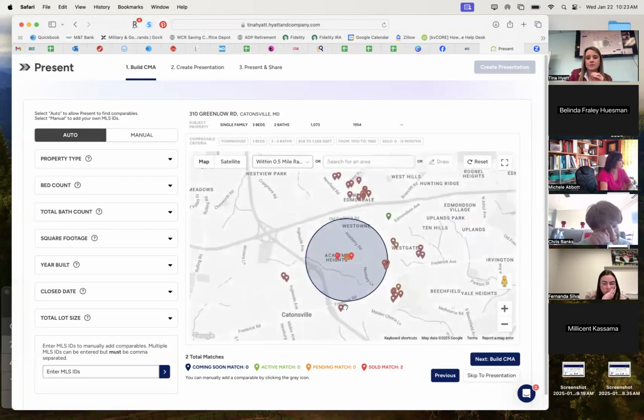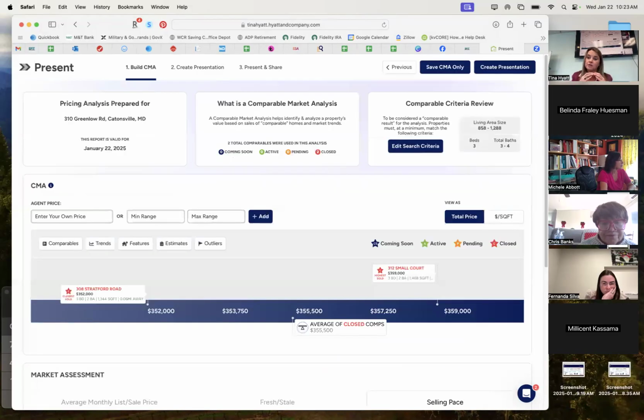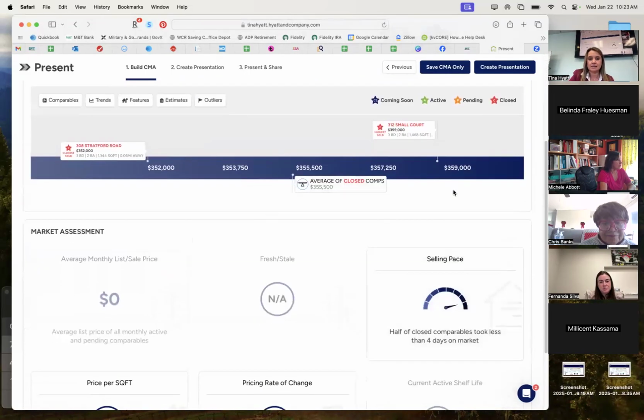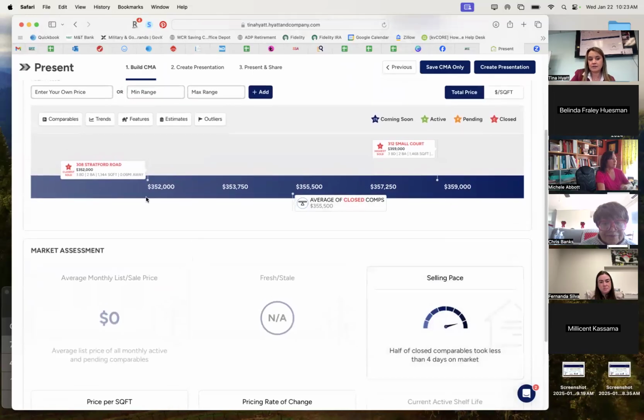So now I have 2 comps in there, 2 sold comps, right? So now I'm going to go to next build CMA. So now when I go to build CMA, it's going to pull in those two comps that I added. So you can sort through. Just because it pops them up in your radius doesn't mean all of them are automatically pulled into your CMA report. So now what I'm looking at is my subject properties that I pulled into my CMA.